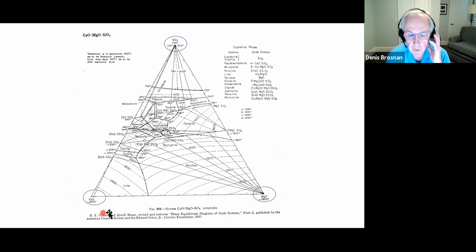here in this diagram, the lime axis is here, the lime component is here, the magnesium oxide component is here, and the silica component is here. So we have a three-component or triangular phase diagram, and we're looking down on the top of the liquidus surface. So if we project an axis out towards you, towards your eyes, that would be the temperature axis coming towards you.